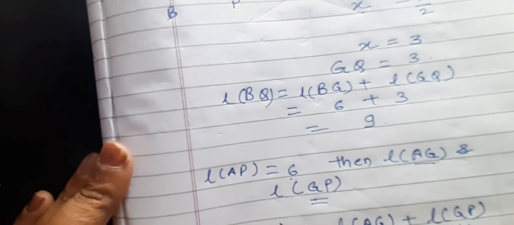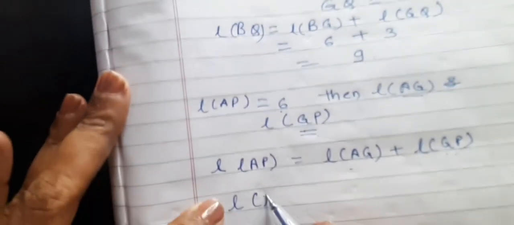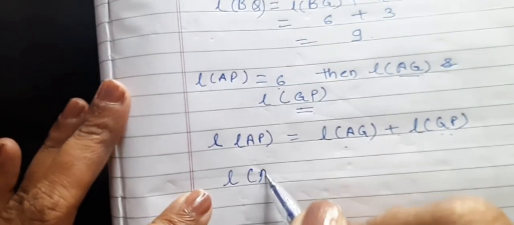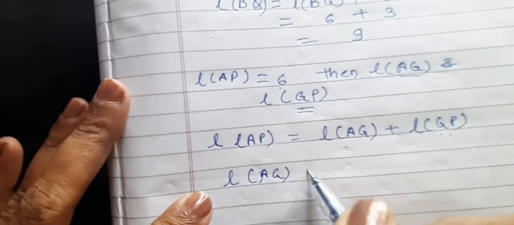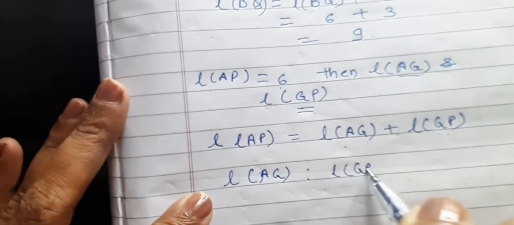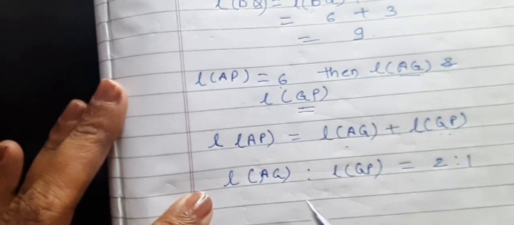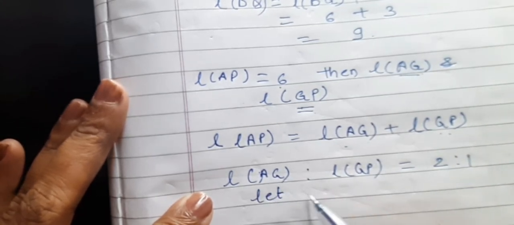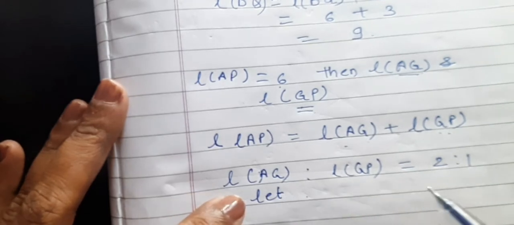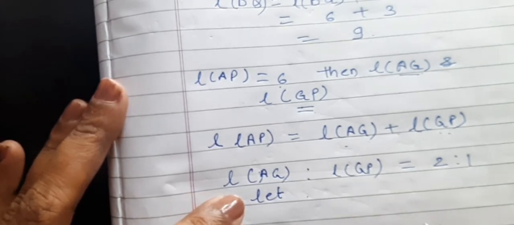So first we are going to find out the ratio. Length of AG is to length of GP is equal to 2:1. Okay. When two values we don't have, we take the common multiple.